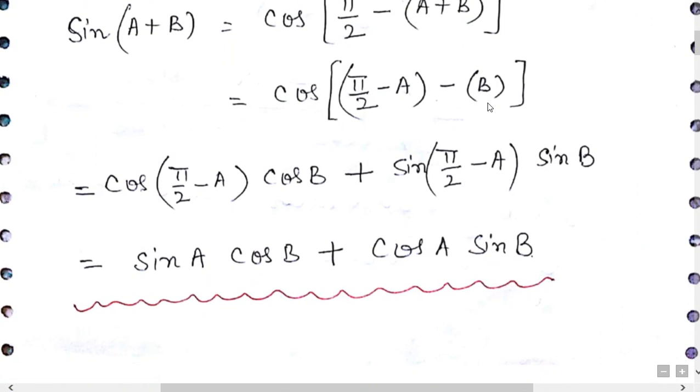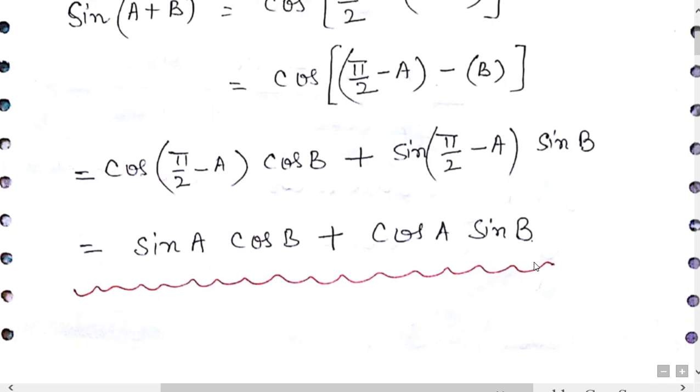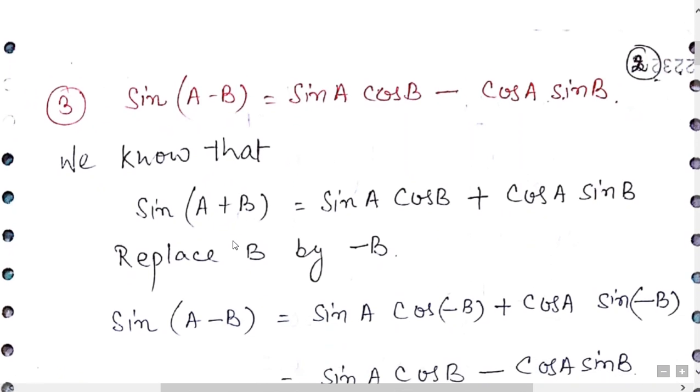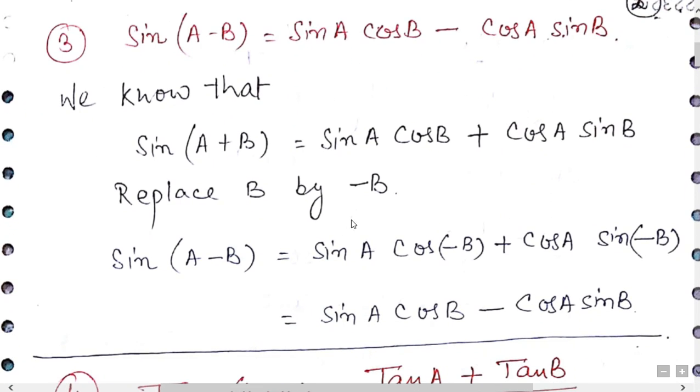Now insert in the formula cos A cos B plus sin A sin B. Then cos of 90 minus theta is sin theta and sin of 90 minus theta is cos theta. We can derive this formula. If I have to find sin(A-B), simply change positive B into negative B. I can derive the formula: cos of minus theta is plus cos theta, and sin of minus theta can be written as minus sin theta.